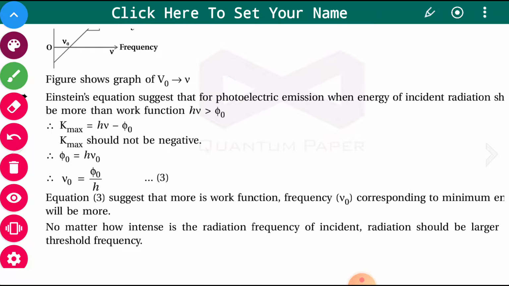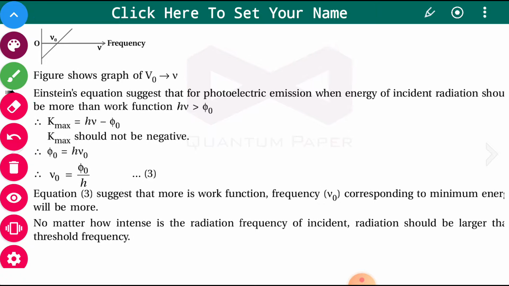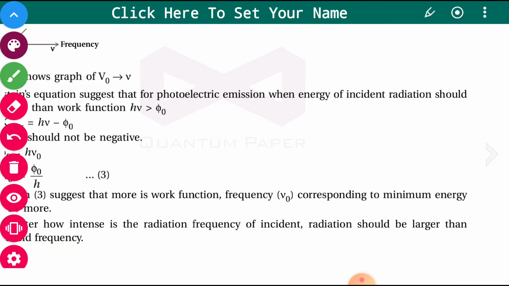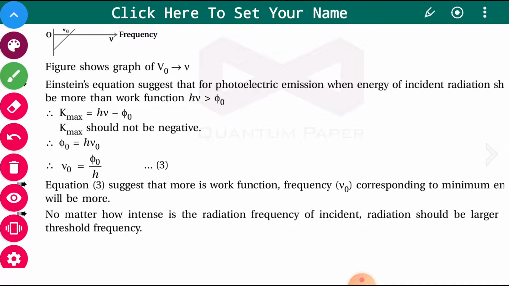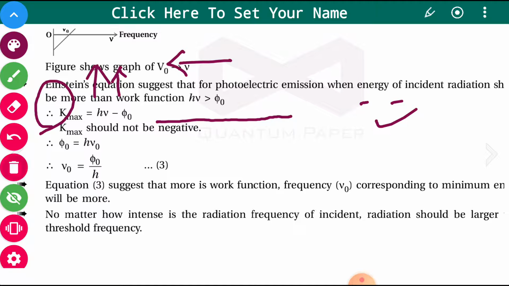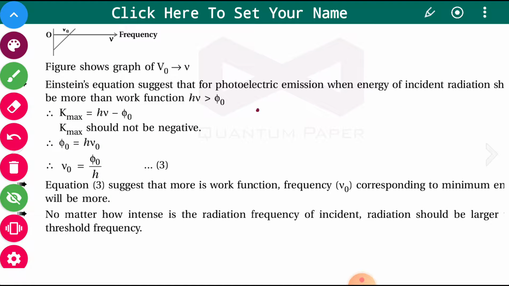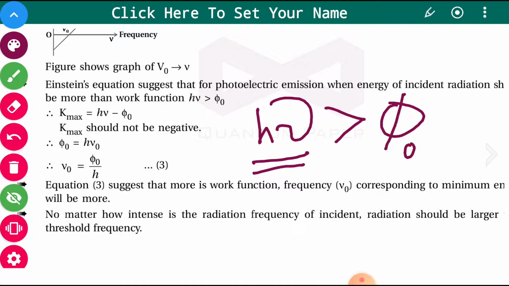Einstein's equation suggests that for photoelectric emission, the energy of incident radiation should be more than the work function. So the energy of the radiation which is incident, h nu, must be more than the work function.